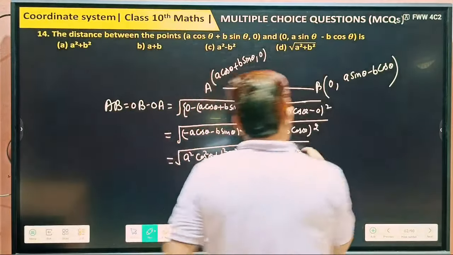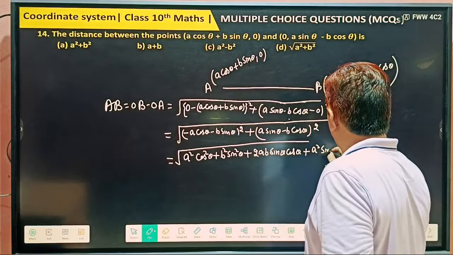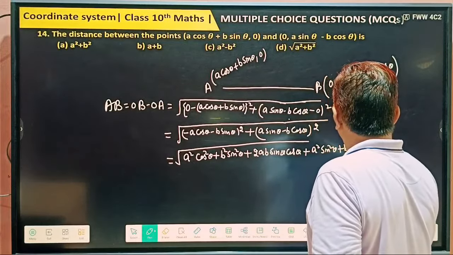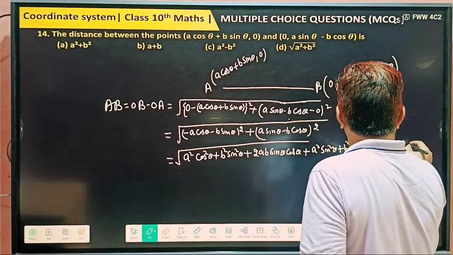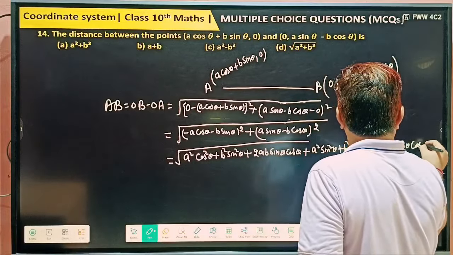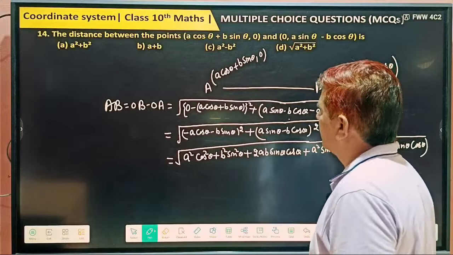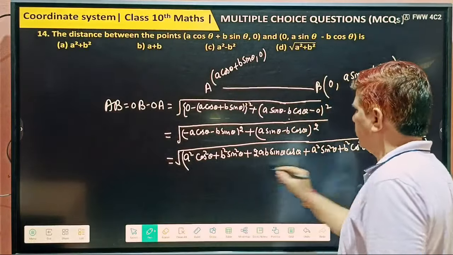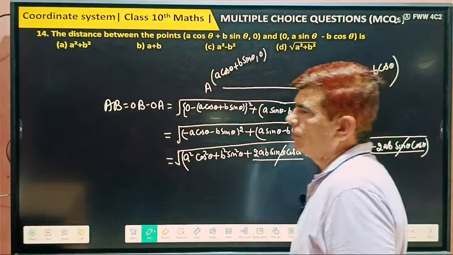Now this A minus B: A square sin square theta plus B square cos square theta minus 2AB sin theta cos theta. Check one time, this is negative, this is positive, remaining same, so they cancel out.